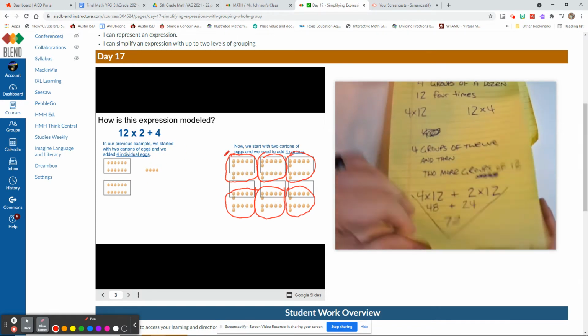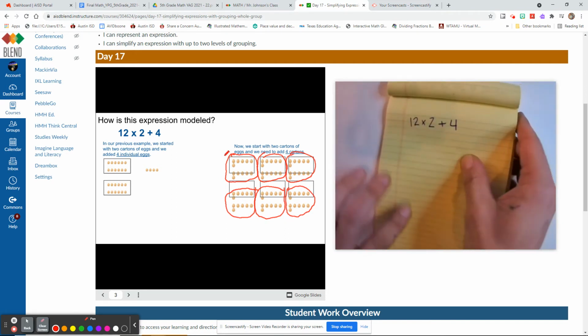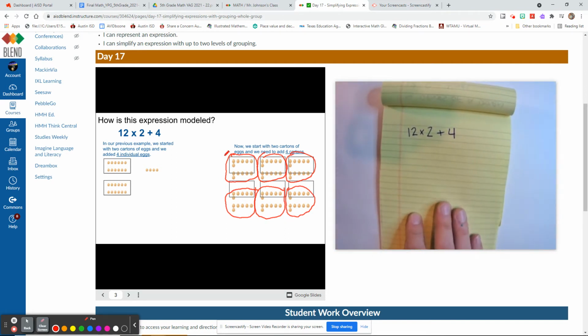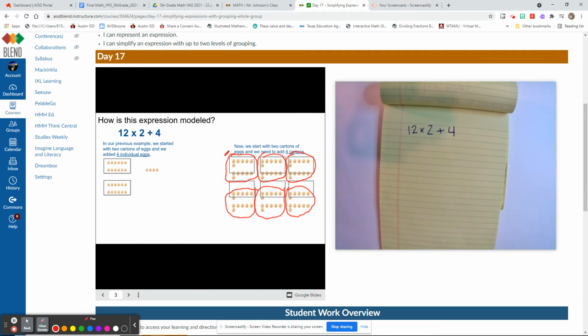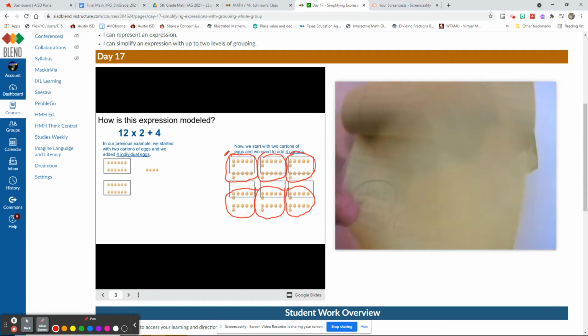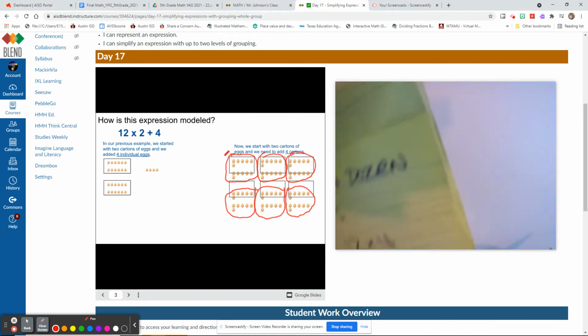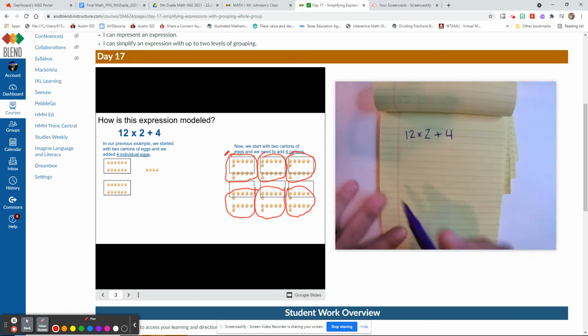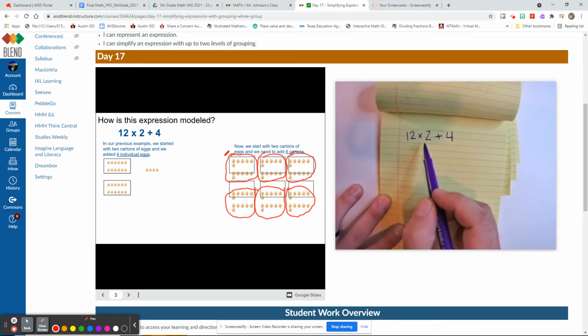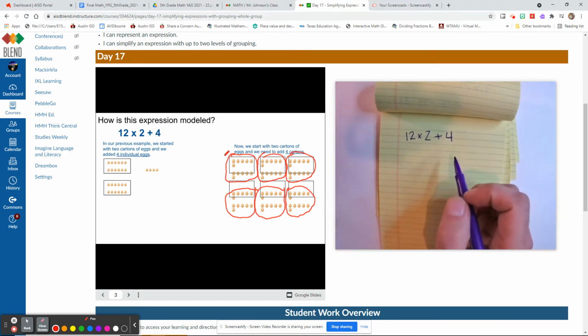But could we put any kind of grouping symbols, like parentheses or brackets, on this problem and turn our answer into the same answer that we got before, which was 72? I think we can. So think about this. 12 times 2 is 24, but 12 times 6 is 72.